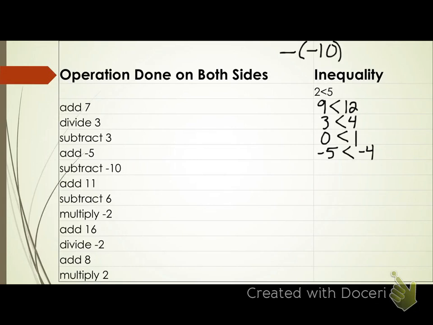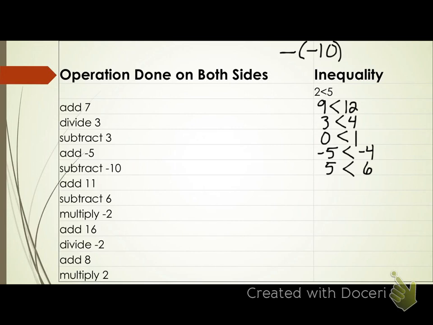If I have two negatives right next to each other like that, it becomes a positive. So I'm essentially just adding 10, right? So we're adding 10 to both sides. What's negative 5 plus 10? 5. What's negative 4 plus 10? 6. What's my inequality symbol? Less than.